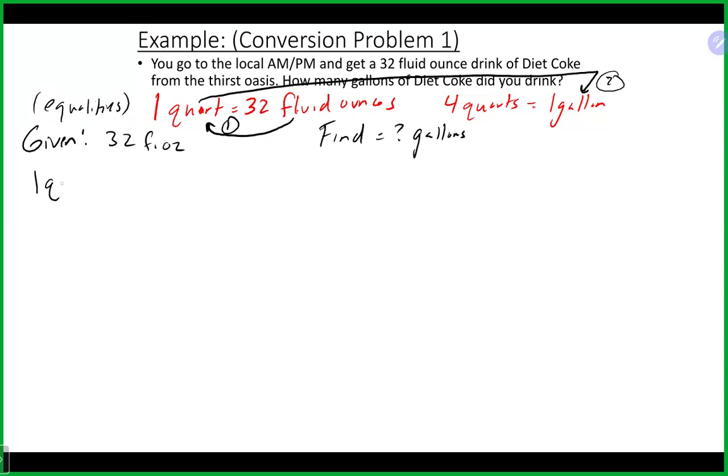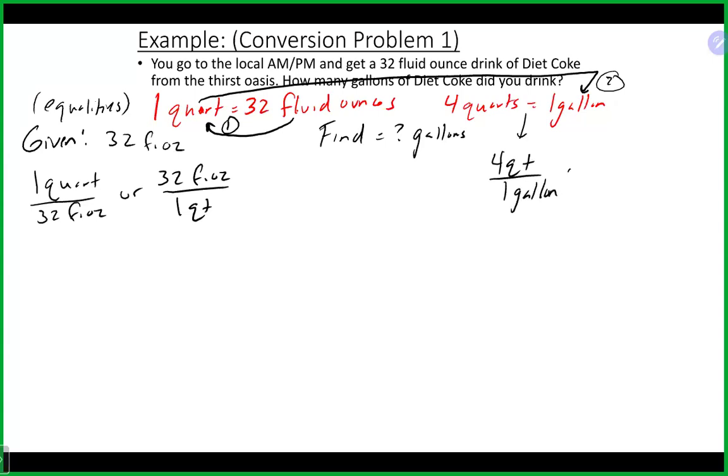For the first one, 1 quart is 32 fluid ounces, or 32 fluid ounces is 1 quart. For our other one, we have 4 quarts is 1 gallon as a possible conversion factor, or just flipping it around, 1 gallon over 4 quarts. So again, these are our conversion factors that we could use in this problem.